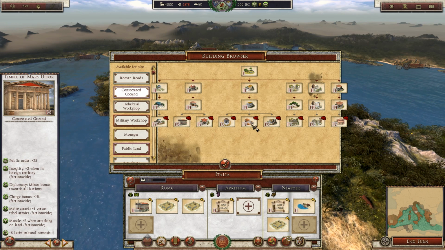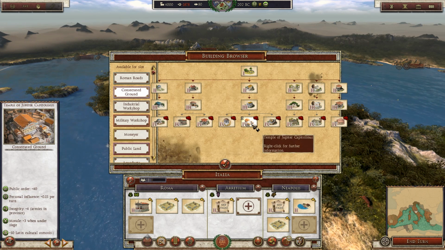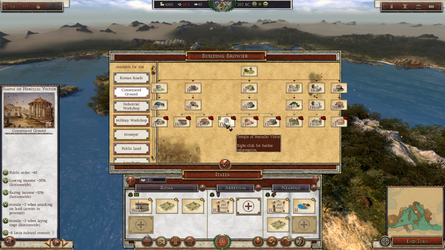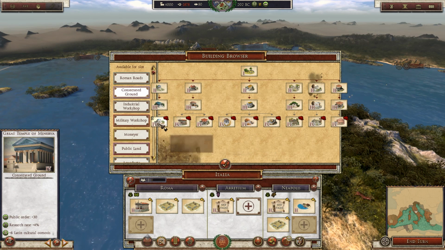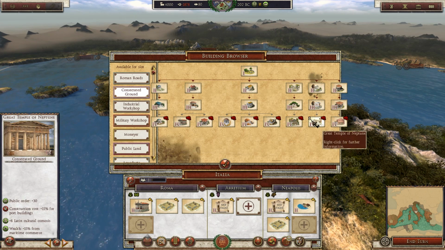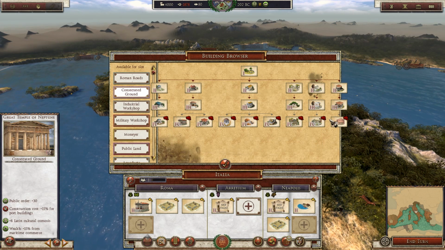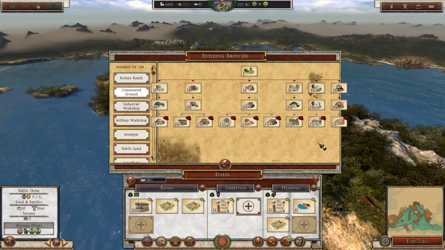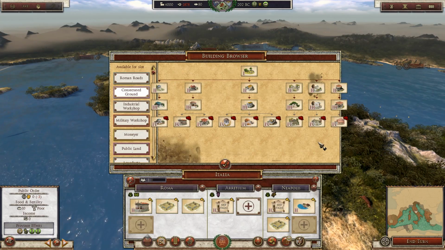The Temple of Jupiter Capitolinus is the main temple in Rome, where all triumphs were held and where huge amounts of the spoils of war were deposited, which in turn would go to fund Rome's expanding empire. Last but not least is the Temple of Hercules Victor, which gives a boost to about anything in the art of aggression. Note that the last tier of temples will all require the marble resource in order to build it. This is one of many productions that will require you to have resources available in order to build.